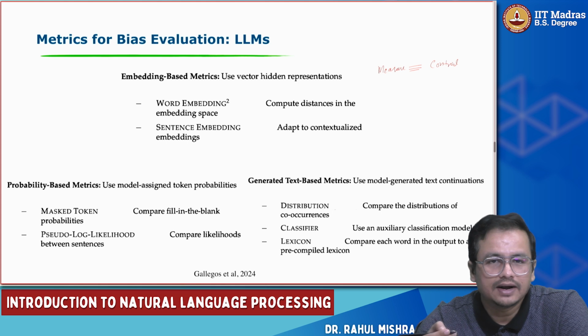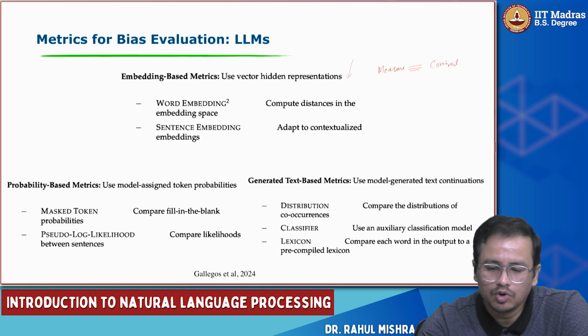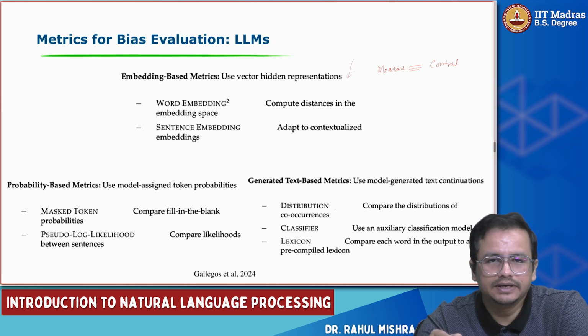I don't know where I am currently, so I can't measure how much distance I've traveled. In that case, how can I speed up or accelerate? I won't be able to, because I'm not able to measure. Similarly, if I want to debias the LLM or models, I should be able to know in what amount the bias is present in my model.